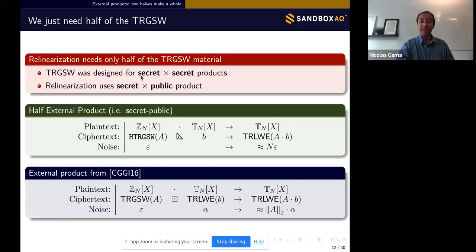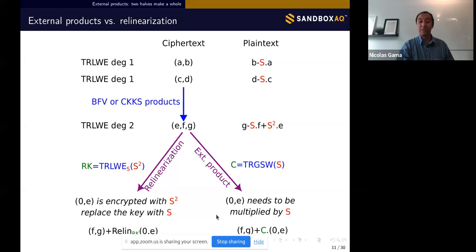But the sad truth about all that, and here it's in both directions, but it was more important for the external product, is that when we were doing that, we were applying the secret product to a ciphertext where 1/2 of the ciphertext was 0. So basically, it was a bit bad because we had a very huge GSW ciphertext, and we use it to multiply it to something that is known to be 0.